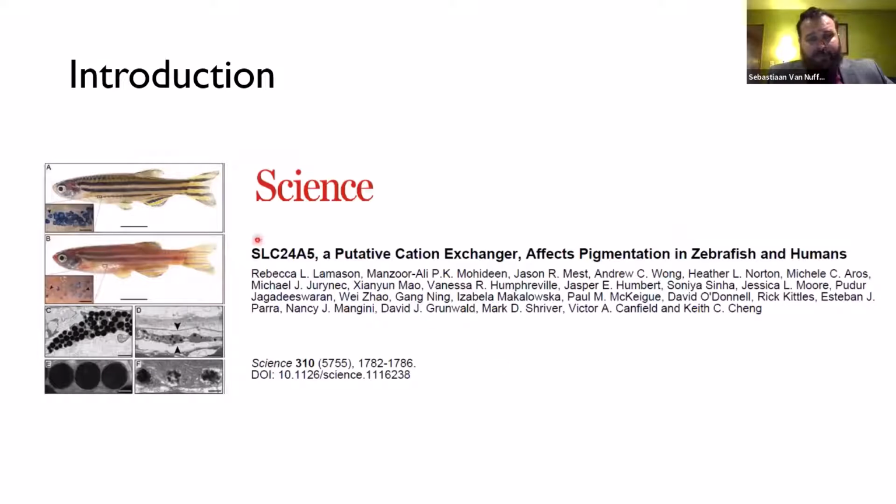The funny thing is that that same gene is also present in humans, and Caucasians also carry a mutation in that gene. So a genetic mutation in the same gene has the same effect on both humans and zebrafish. They become more pale, they become less pigmented.